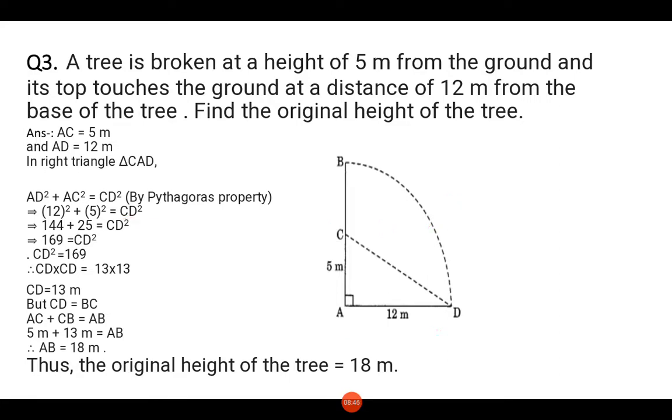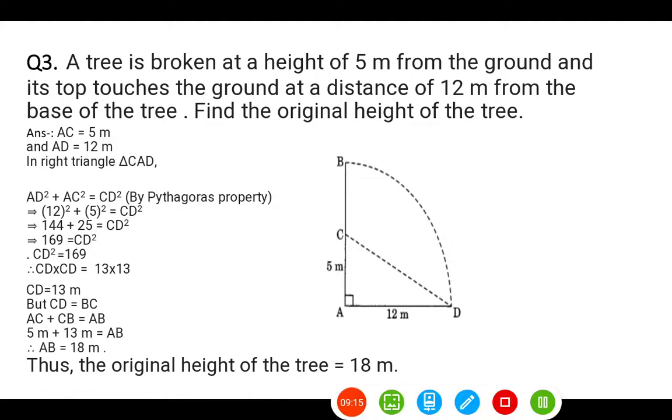So on calculating we have 144 plus 25 is equal to CD square, and from here CD square is equal to 169. Now CD square can be written as CD multiplied by CD and 169 can be written as 13 multiplied by 13. So from here we have CD is equal to 13 meter.